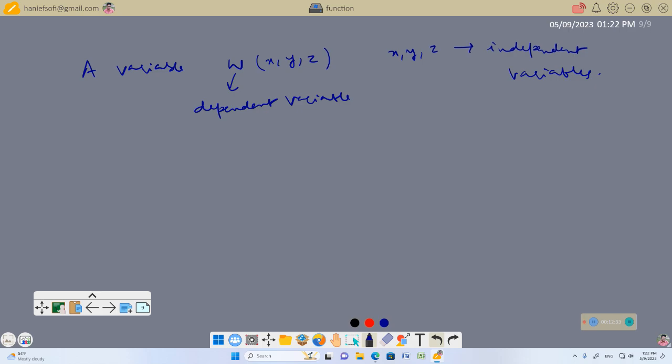For example, if you take the volume of a rectangular parallelepiped, if V is the volume of a parallelepiped, remember a parallelepiped has three dimensions, and if the dimensions are x, y, and z, you can write V is equal to xyz. Multiply the dimensions of the parallelepiped, you get its volume.